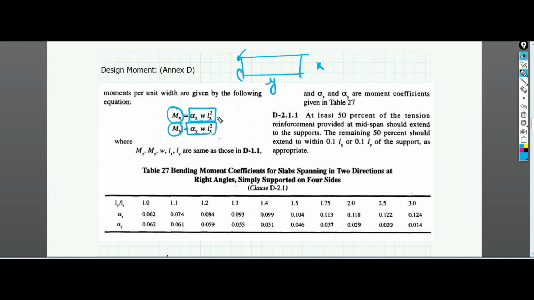Remember this, both are lx, whether it is Mx or My, both are a function of the shorter side. From the table, from the ratio of Ly by Lx, you can find out the values of alpha x and alpha y.